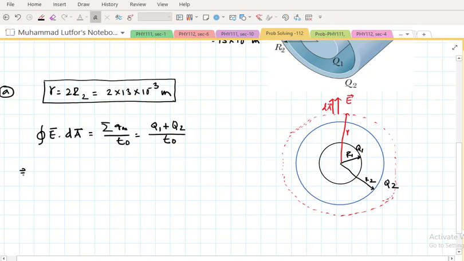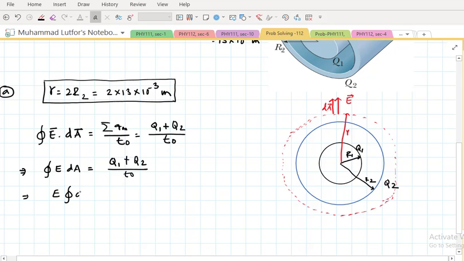Then I know these two vectors are parallel to each other, so the angle between them is 0. So E times the integral of dA is going to be Q1 plus Q2 divided by epsilon naught, and then I have to integrate that.